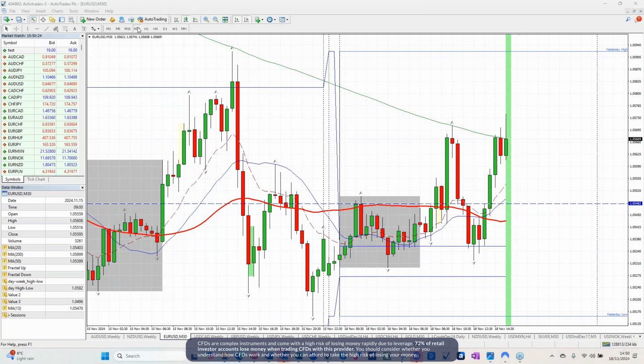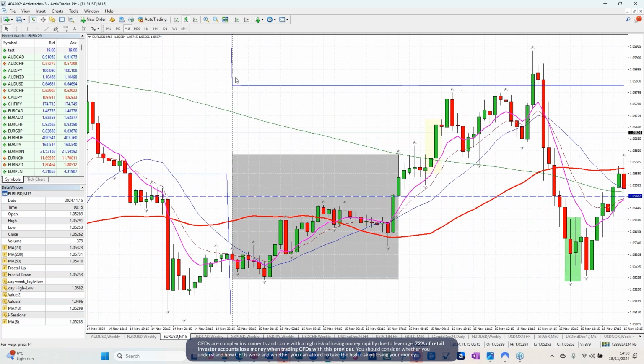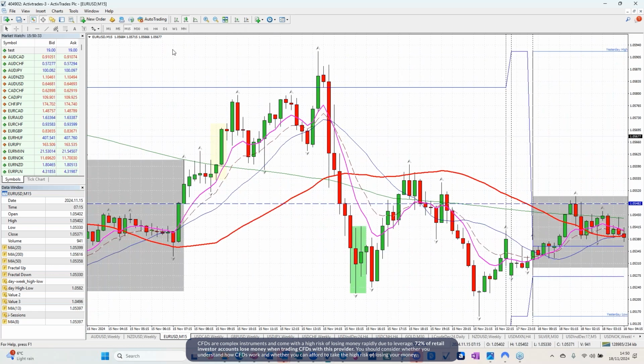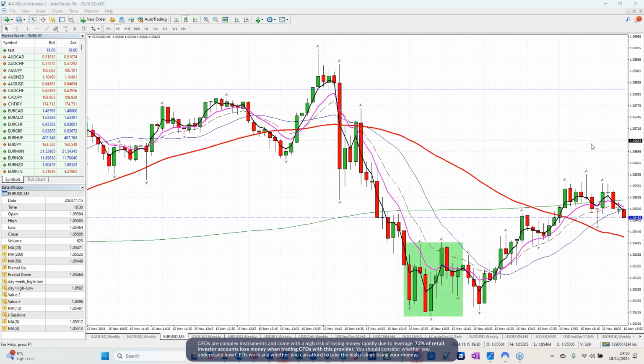But if we go down here, let's see. Yeah, so that kind of move there would have been into the news there, but that's what we're looking at. Double tops at previous levels.